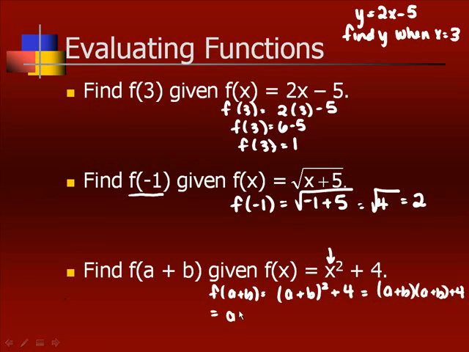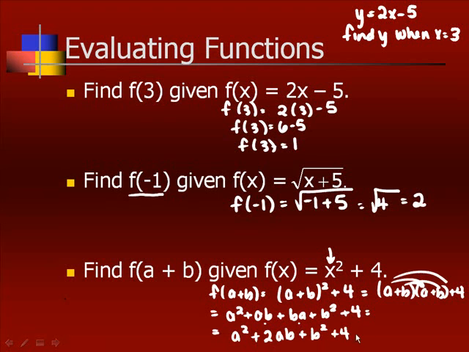If we FOIL that out and simplify that, we'd get a squared plus ab plus ba plus b squared plus 4. That's doing first, outer, inner, last, which gives us a squared plus 2ab, if we combine ab plus ba, plus b squared plus 4. And that would be our solution.